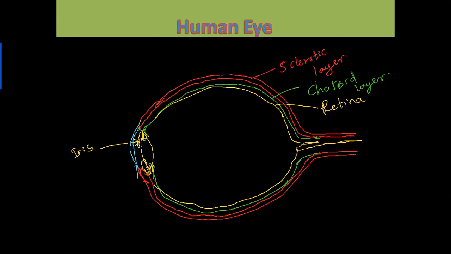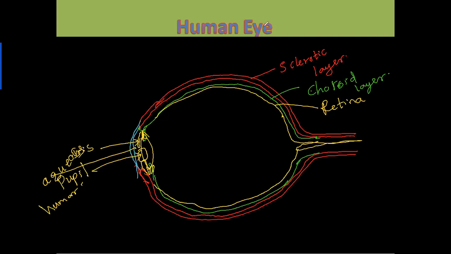The black color, small dot-like part is the pupil. Pupil of the eye. And this liquid part here, for that we say aqueous humor. This jelly-like substance filled in here is called the aqueous humor.